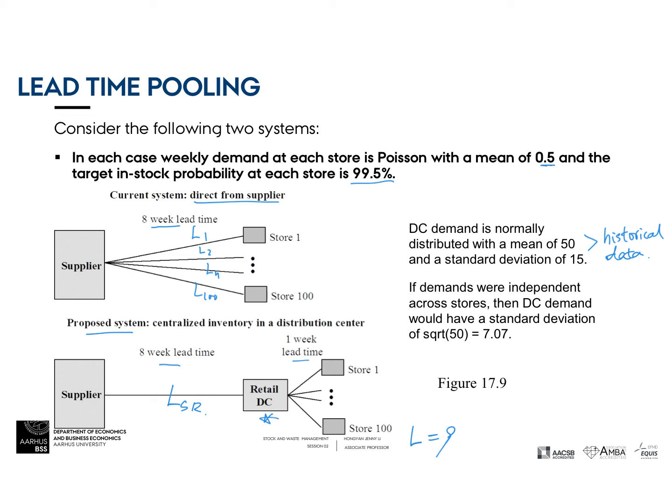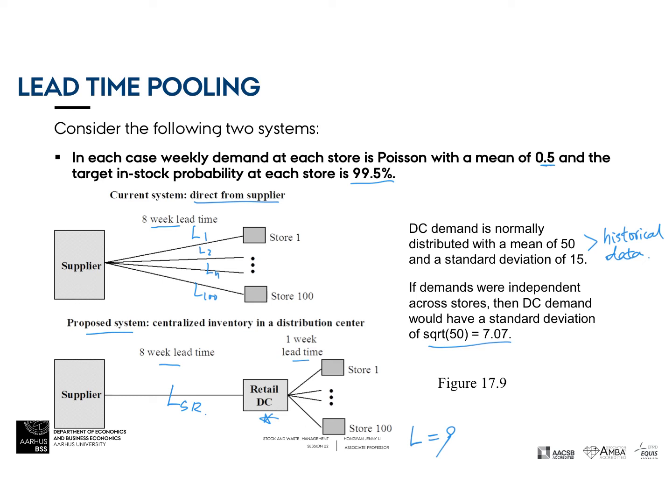So basically, it's a realized average, mean, and standard deviation. And then you can also estimate this standard deviation from your stores. If the demands were independent across stores, then the distribution center demand would have a standard deviation of 7.07. So this is calculated across 100 stores.